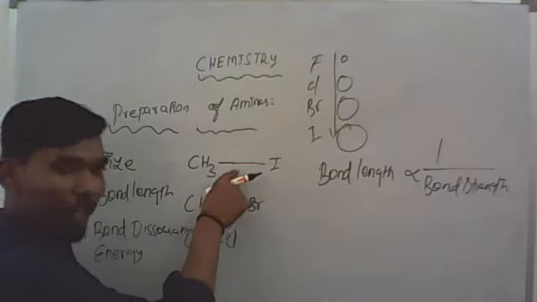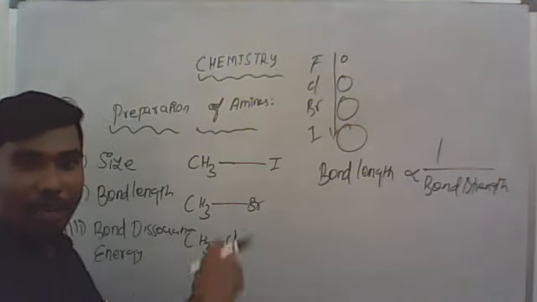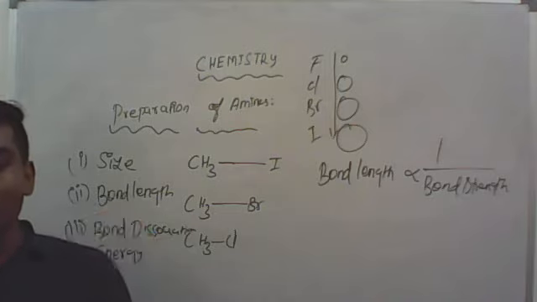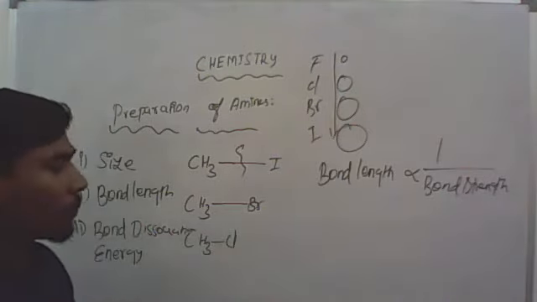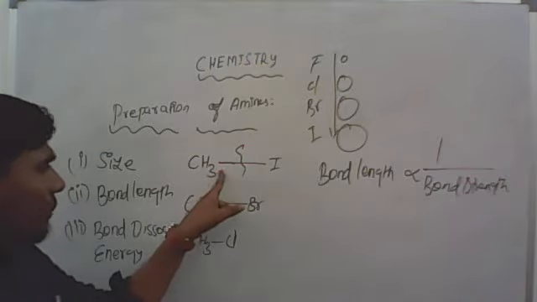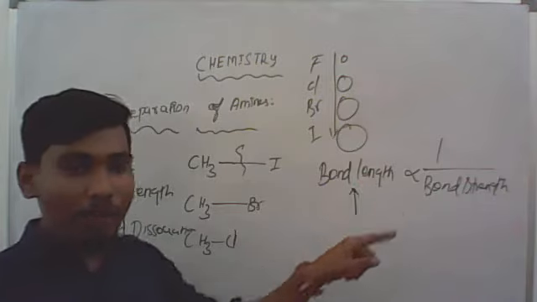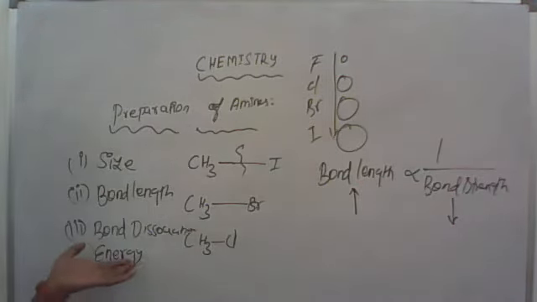Here the distance between the two atoms is very high, so it is a very weak bond. We spend less energy, which means the bond dissociates easily. So bond length is high, bond strength decreases, and dissociation energy is very low.